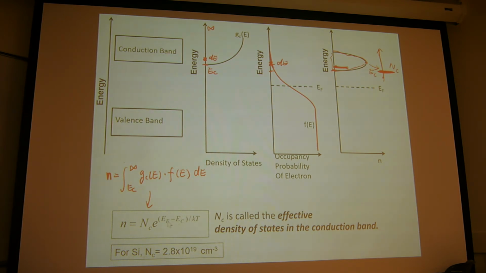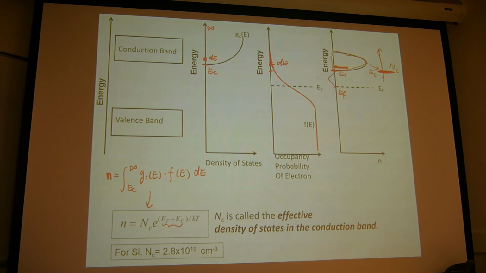We can use an easier way to remember this equation. What matters here is the distance between EF and EC. Here is EC and here is EF.